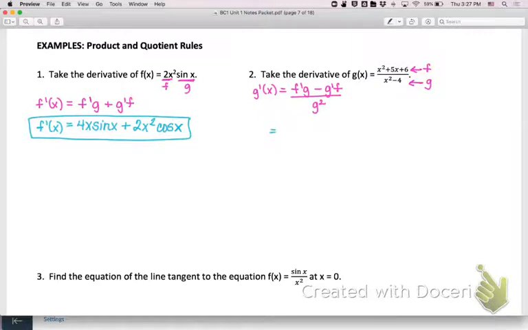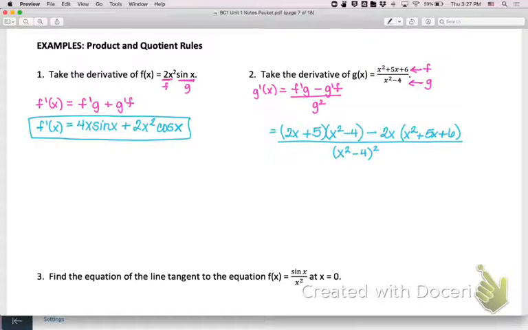So here we go. F prime g, the derivative of the numerator, is going to be 2x plus 5, times g left alone, which is x squared minus 4, minus g prime, so the derivative of x squared minus 4 is 2x, times the numerator left alone, x squared plus 5x plus 6, all over g squared, which is going to be x squared minus 4 squared.